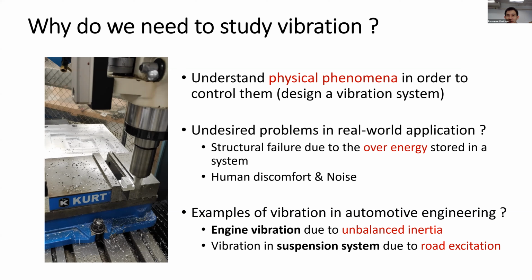For example, if you know that the wave on the road has a magnitude of 5 centimeters, and you need to drive your car at 80 kilometers per hour, how can we isolate that vibration that is going to affect the passenger feeling? In this class, we will learn the technique to deal with this problem.